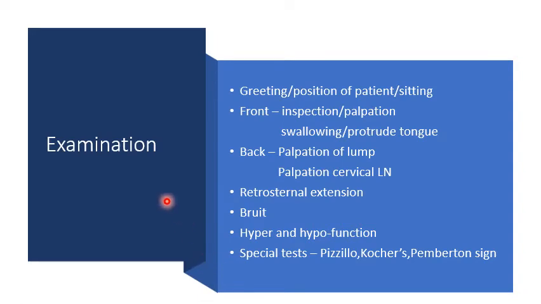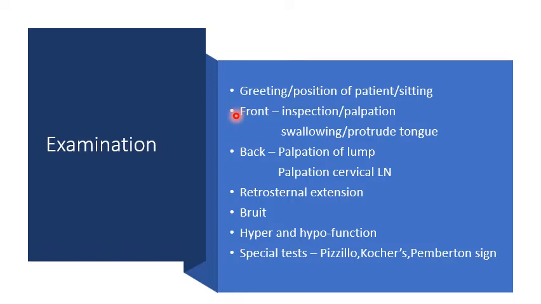Having taken a good history from the patient, next we proceed with examination, which consists of a number of steps. First is your introduction and greeting of the patient and proper positioning of the patient. The best position to examine is the patient sitting on a chair.